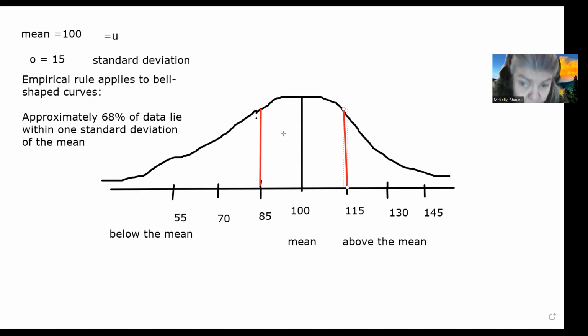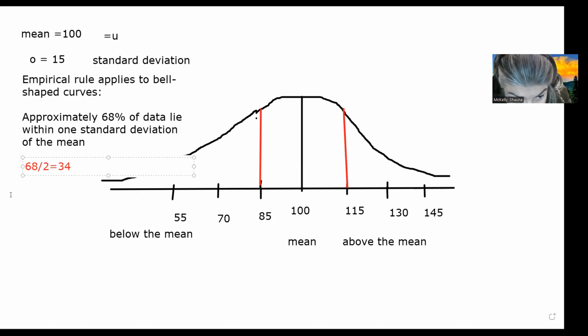Now, obviously, this is a bell curve, and this black line is right in the middle of it. So I'm going to take 68, or you can use the decimal 0.68, and divide that by 2. That's going to give me 34.